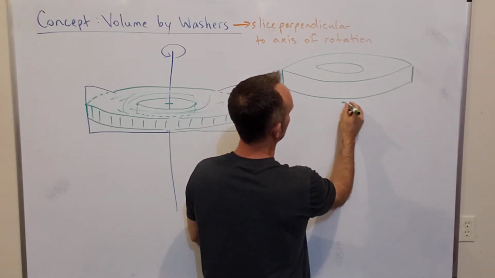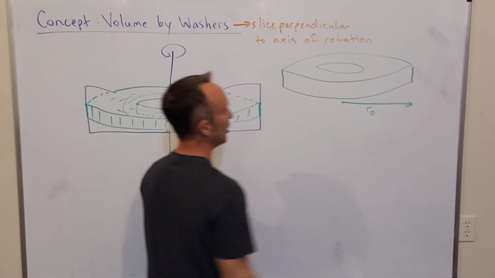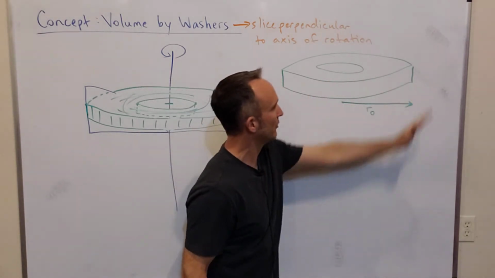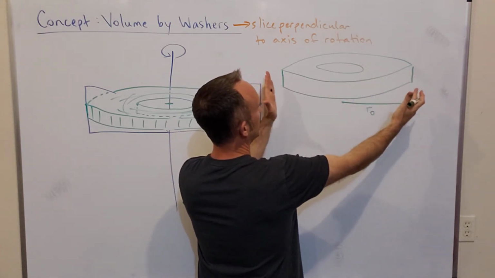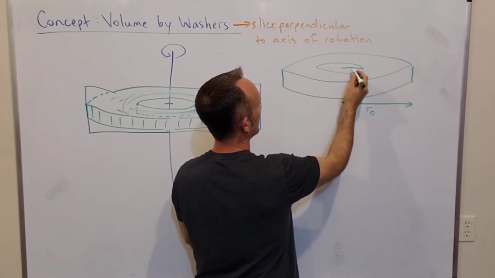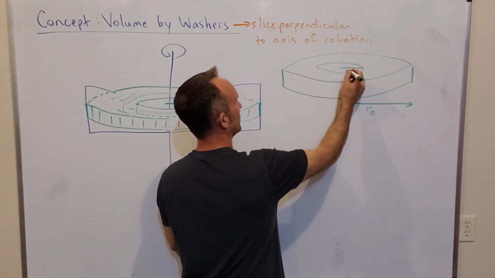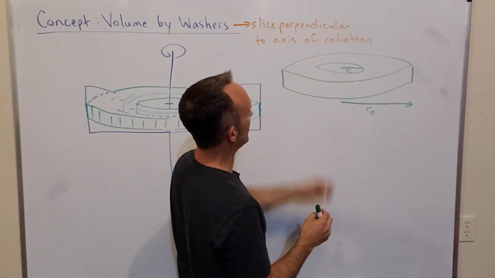So you would take, let's call this the outer radius, R sub O for outer radius, from the middle to the outer edge, right? You take that volume of the whole disk without a hole, and then you would subtract off the volume of the disk that has been removed from the middle. So this right here is hollow, right?